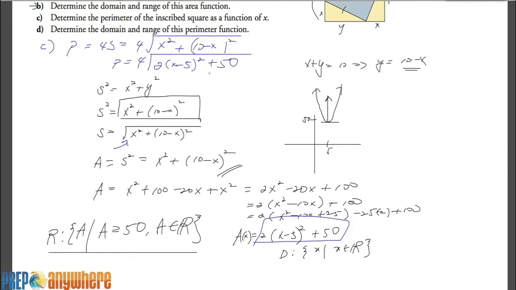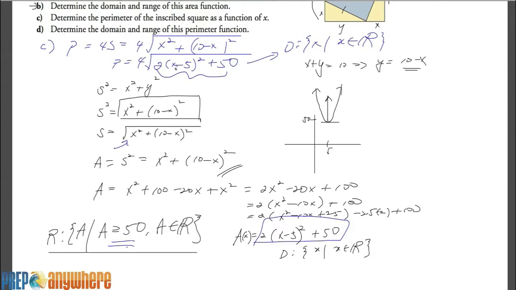Now the domain is actually everything, because what we have inside, we already determined is always greater than or equal to 50, meaning we're never going to be square rooting a negative value. It doesn't matter what I plug in for x. So that means the domain for this perimeter function is also going to be everything, because we're allowed to plug in anything and we don't do any illegal operation.